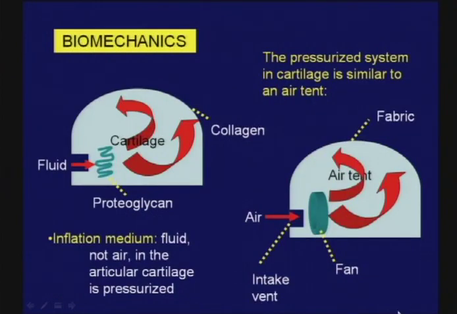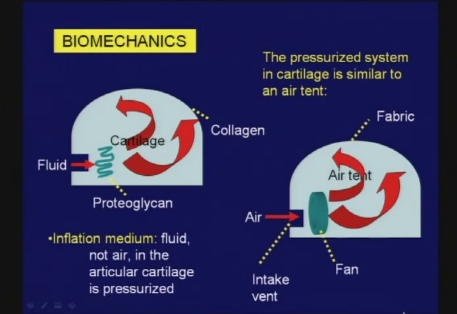People have likened this to what is seen with an air tent. If you have an air tent, you have air that enters through an intake vent. It reaches a fan. The fan transfers the air under pressure. It exerts a force on the fabric of the tent that prevents collapse. With articular cartilage, we're talking about fluid, not air, as the pressurized substance.